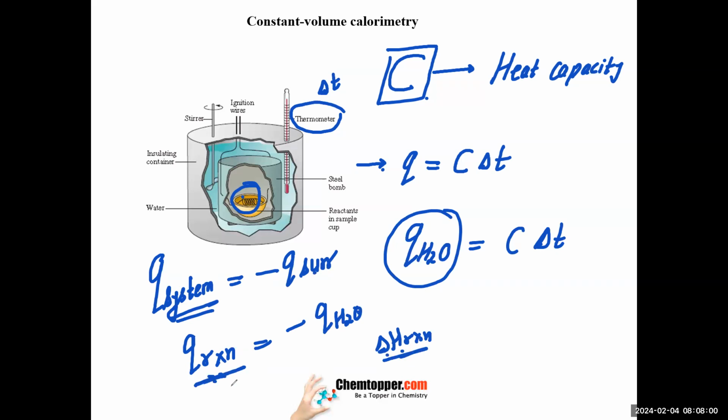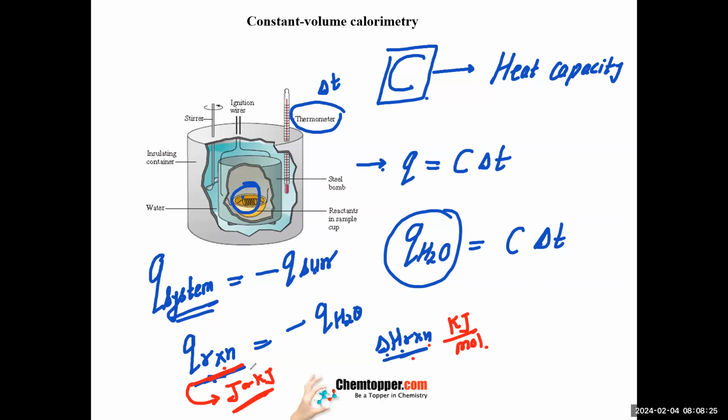It is just in joules or kilojoules, no per mole, right? This is in joules or kilojoules, but delta H has to be in kilojoules per mole or joules per mole by definition. Delta H is how much heat per mole, and Q is just the amount of heat.